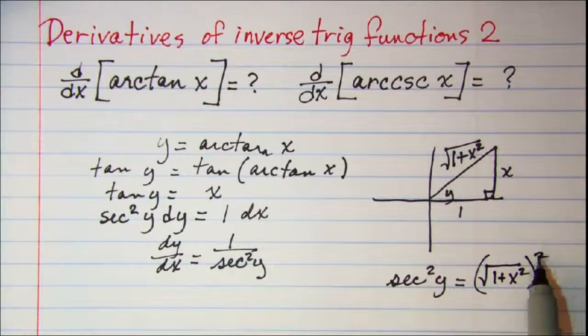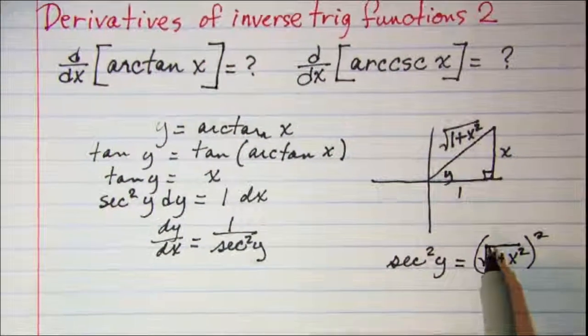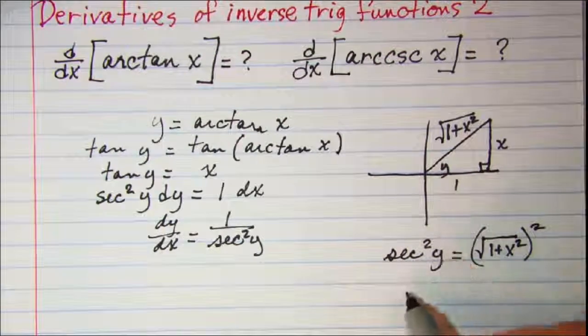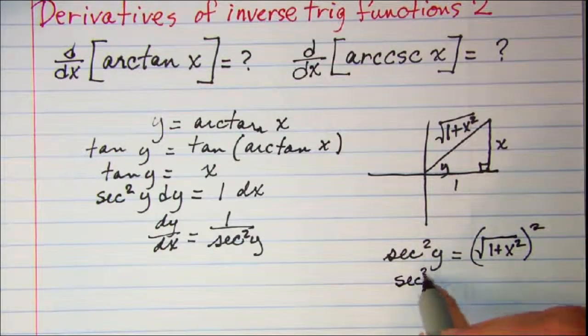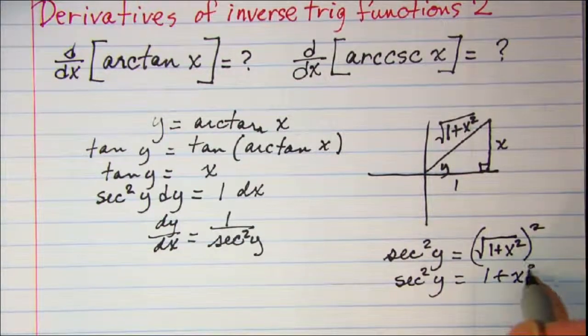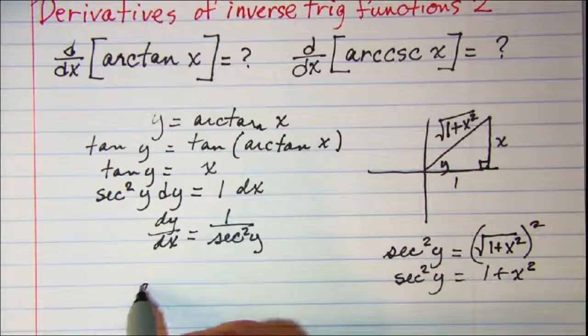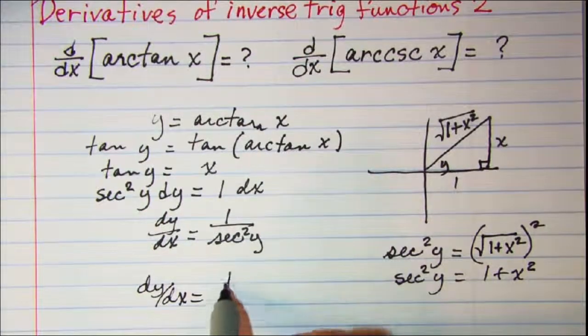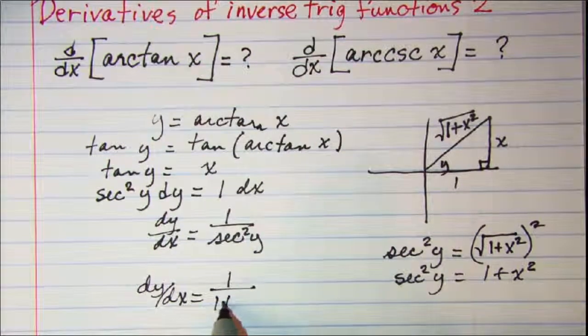And then we know that squaring a square root, inverse operations, so I have secant squared y is equal to just 1 plus x squared. So that gives us dy dx is equal to 1 over 1 plus x squared.